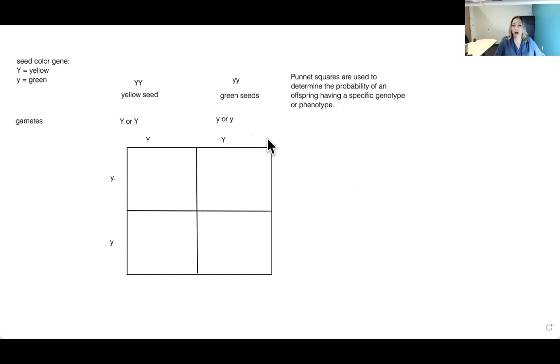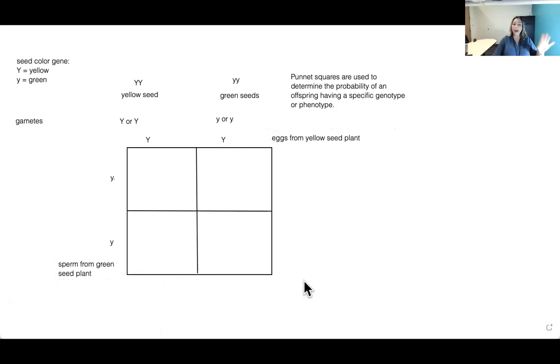So across the top, these would be like the eggs from the yellow seed plant. On the side, this would be the sperm from the green seed plant. Now it doesn't quite work this way, but for our purposes, it does.